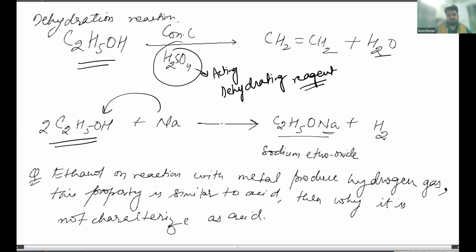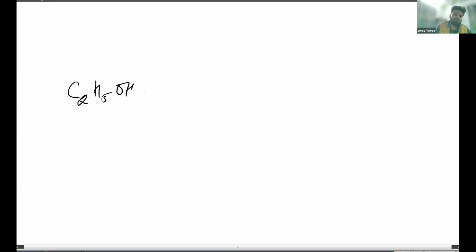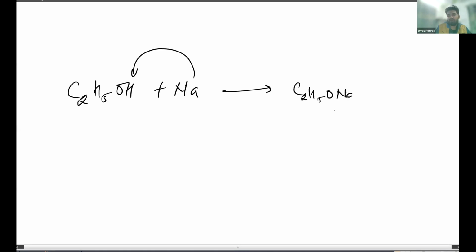When ethanol reacts with sodium, generally highly reactive metals, it forms sodium ethoxide and hydrogen gas is released. Keep in mind that ethanol C2H5OH, when it reacts with Na, the Na displaces the hydrogen and forms C2H5ONa. This is known as sodium ethoxide, plus hydrogen gas. You need to note it down.